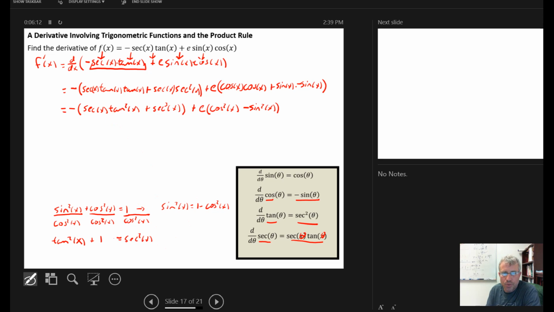So the tangent squared is equal to, subtract 1 from both sides, we see that the tangent squared of x is equal to the secant squared of x minus 1.